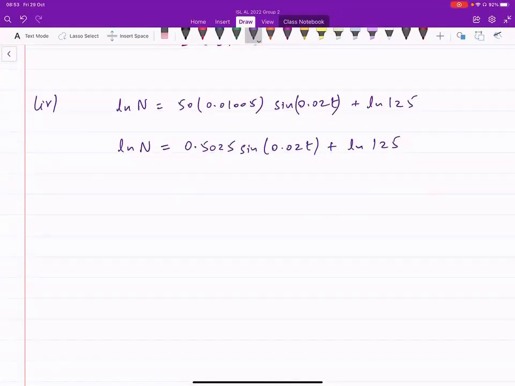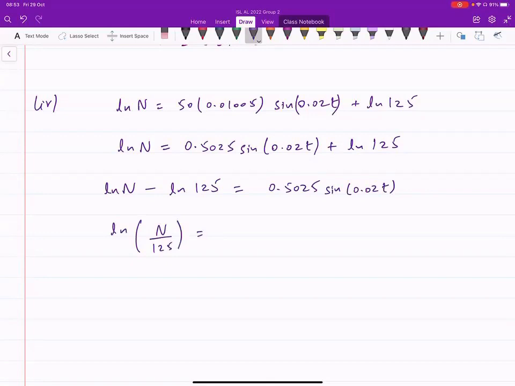We can say this is ln n minus ln of 125. Take the log terms to one side. On the right side, we're left with 0.5025 sine of 0.02t. Now what can we do on the left side? We can write it as ln of n over 125, and that gives us 0.5025 sine 0.02t.